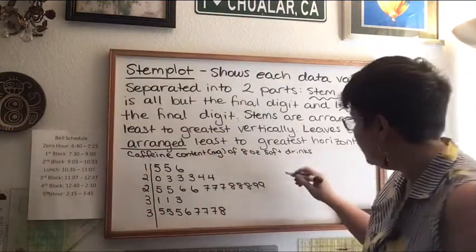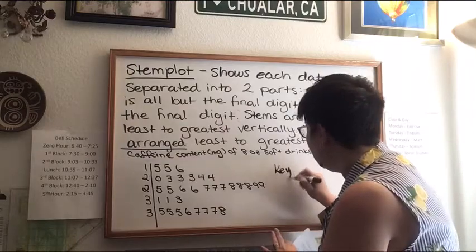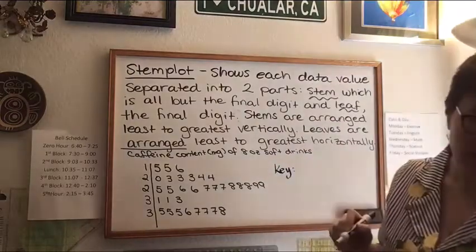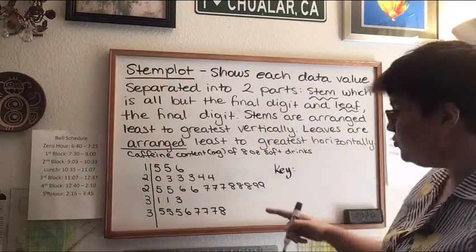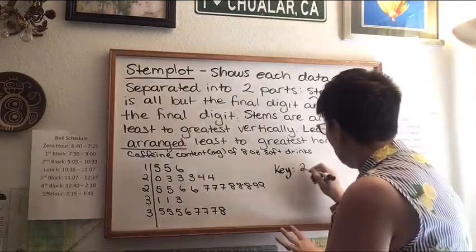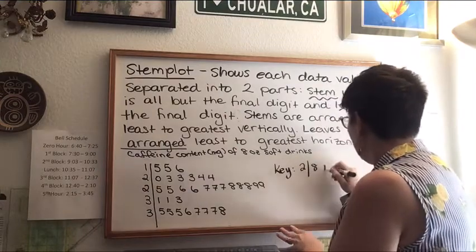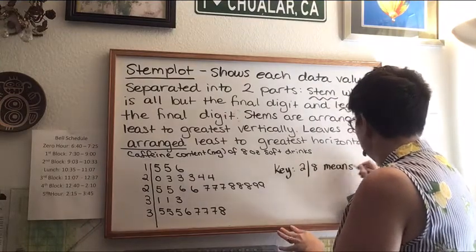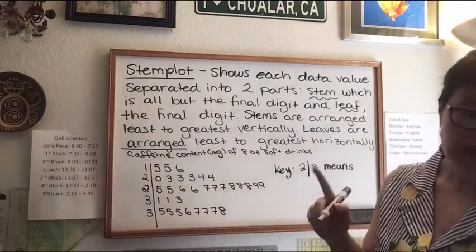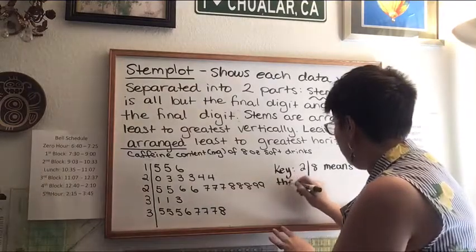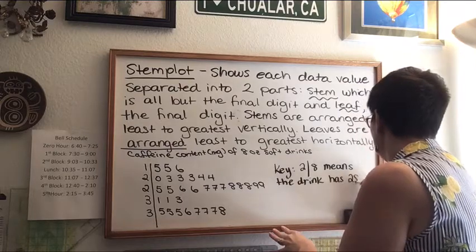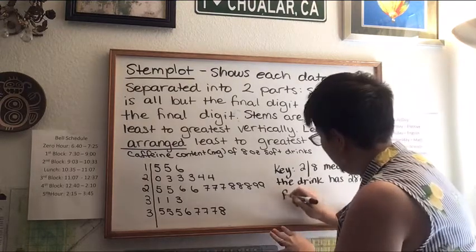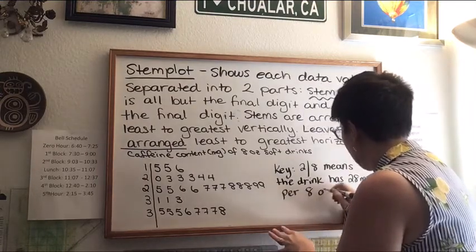We also want to include a key, and the key literally describes what's going on here. So what I would say is 1-5 or 2-8 or whatever example I want to give means, all right, that one soda has 28 micrograms per 8 ounces.